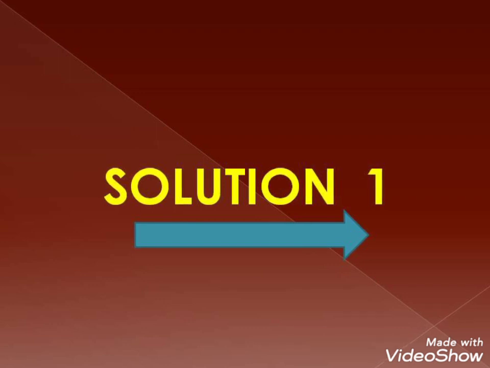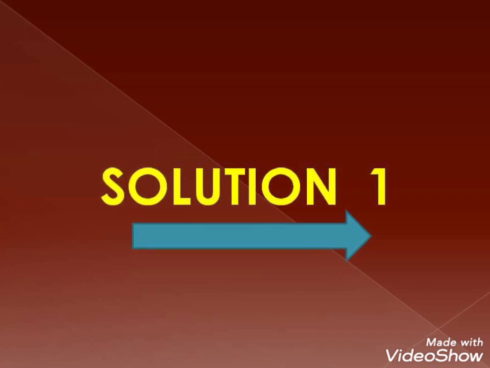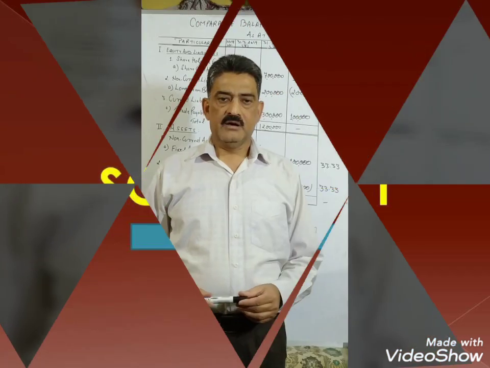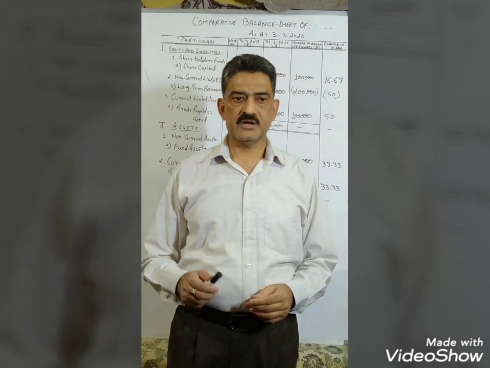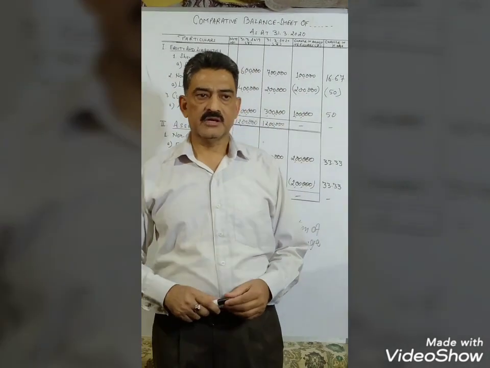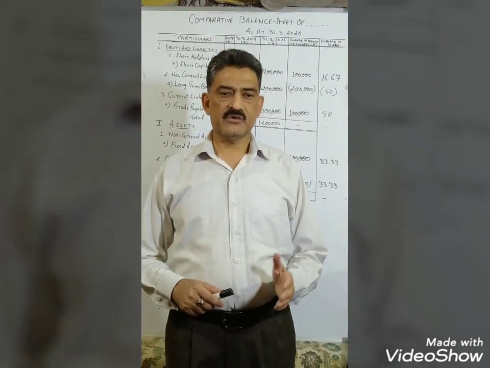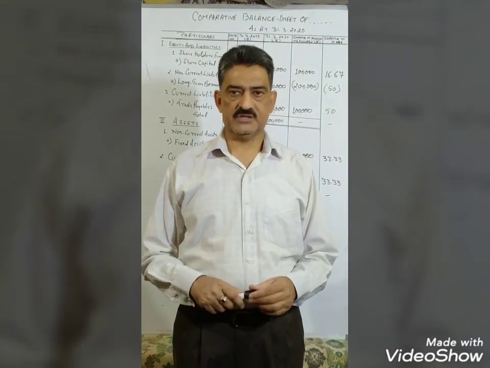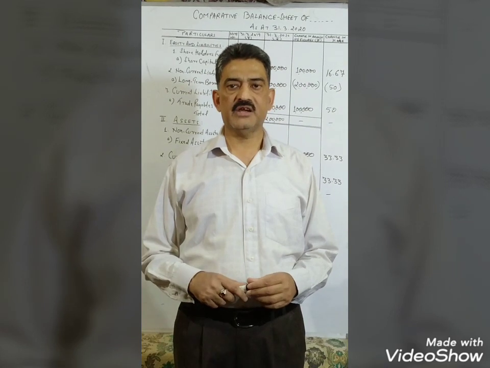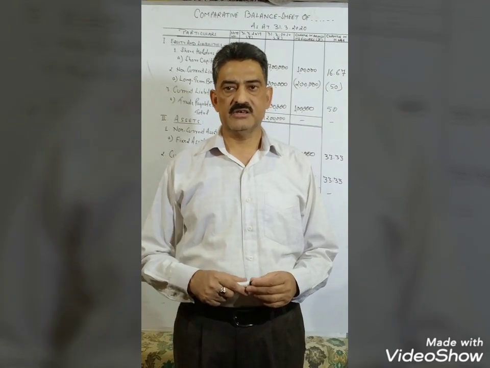Now here is a solution for practical problem 1, how to prepare comparative balance sheet. As per the practical problem number 1, as we had gone through, there is a balance sheet of a company given reflecting the values for 2 years, for the year 2019 and for the year 2020.